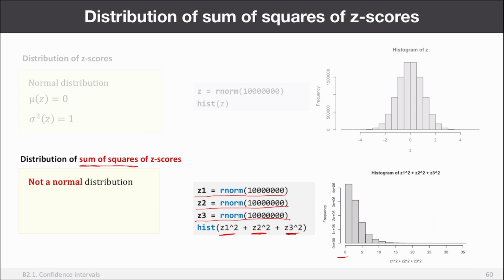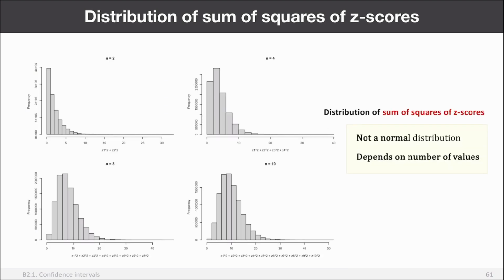So let's discuss the distribution of sum of squared z-scores. Here I have the sum of 2 z-scores. I have z1, which consists of 10 million values, and z2, which consists of 10 million values. And then I take a sum of squares of z1 and z2. Here I sum 4 z-scores, here I sum 8 z-scores, and here I sum 10 z-scores.